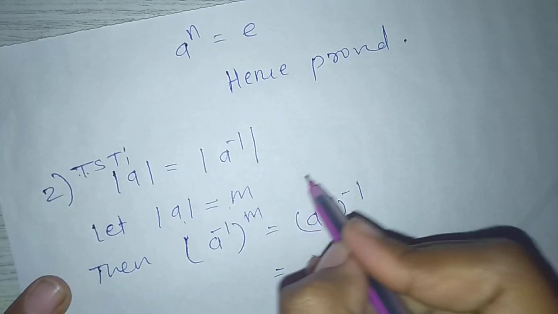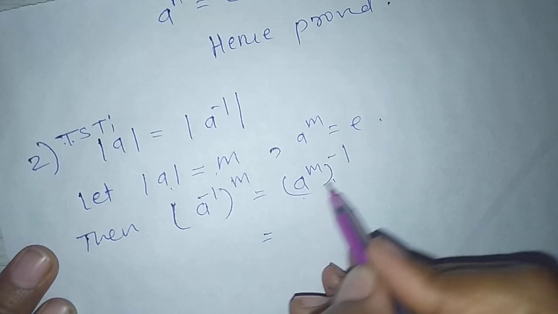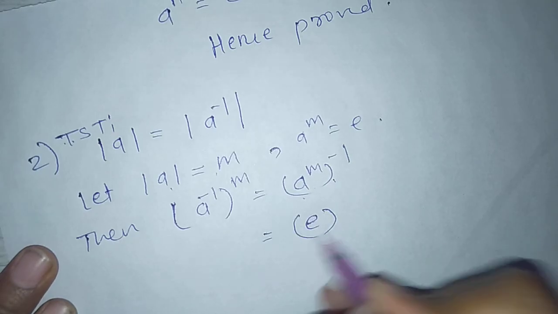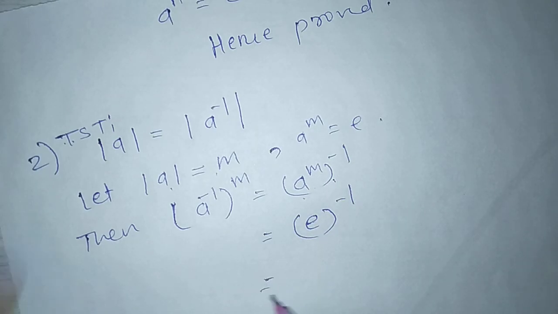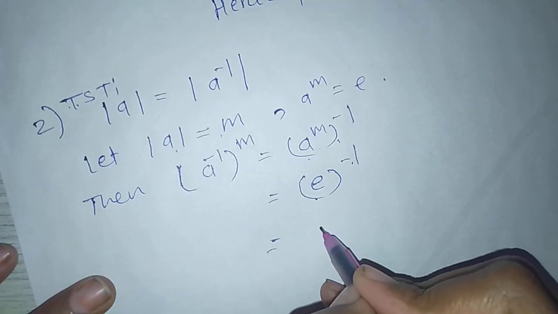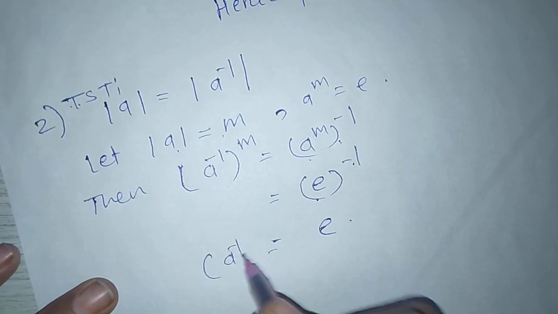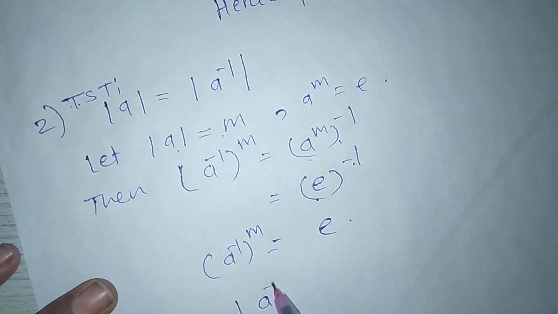The order of a equals m means a raised to m equals identity. Here we put a raised to m equals identity, e raised to minus 1, and the inverse of identity is always identity, so e inverse equals e. Therefore, we get (a inverse) raised to m equals identity, which implies the order of a inverse equals m.